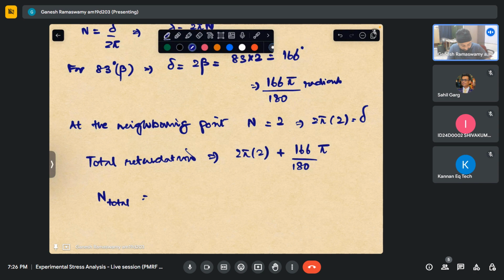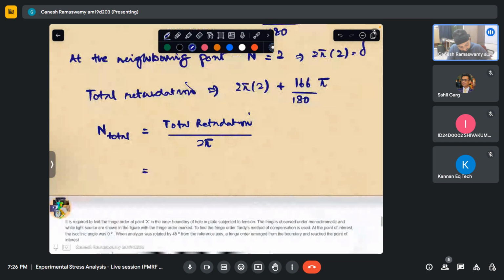It will just be the total retardation by 2 pi, which is 2 plus 83 by 180.